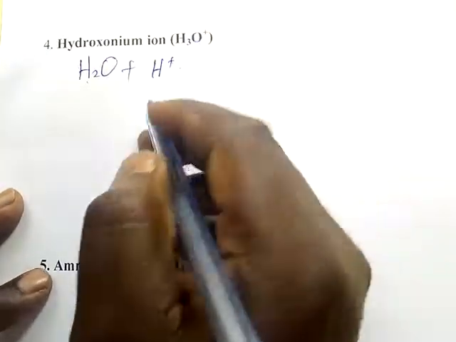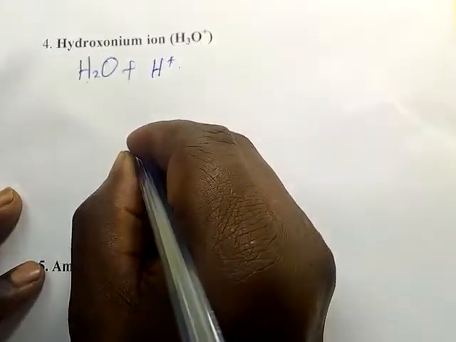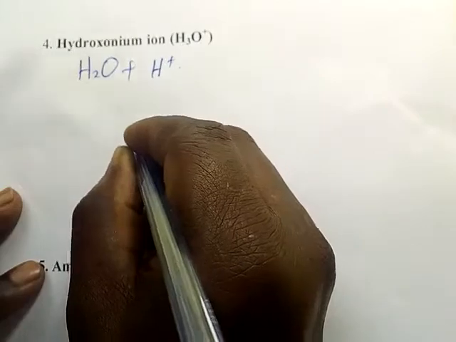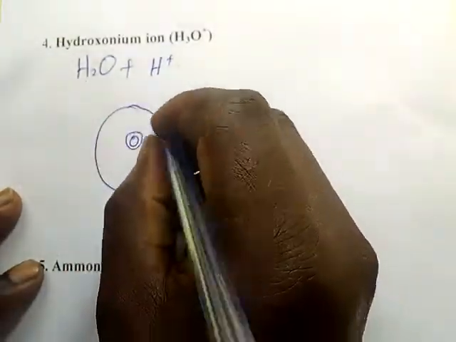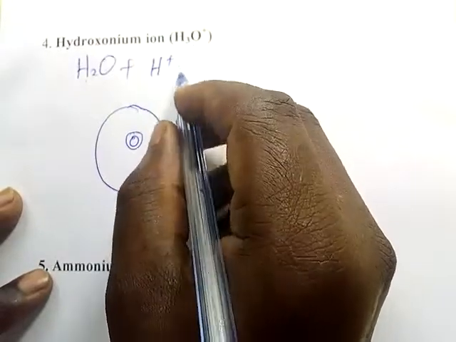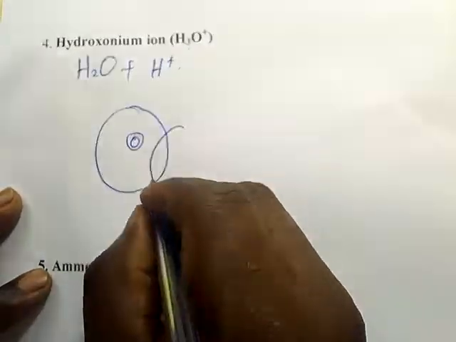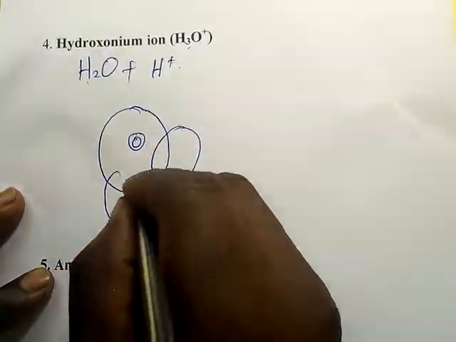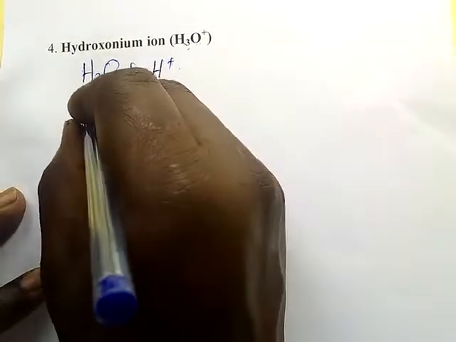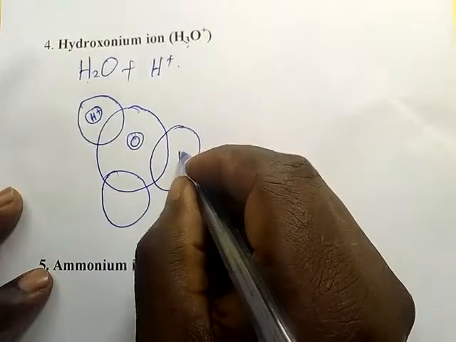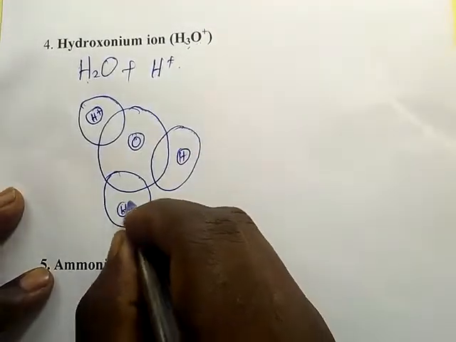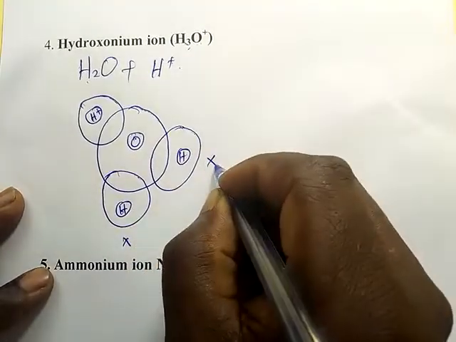So we put oxygen at the center, then we surround that oxygen with 3 hydrogens, 1, 2, 3. But 1 hydrogen is empty, and 2 of them have electrons.